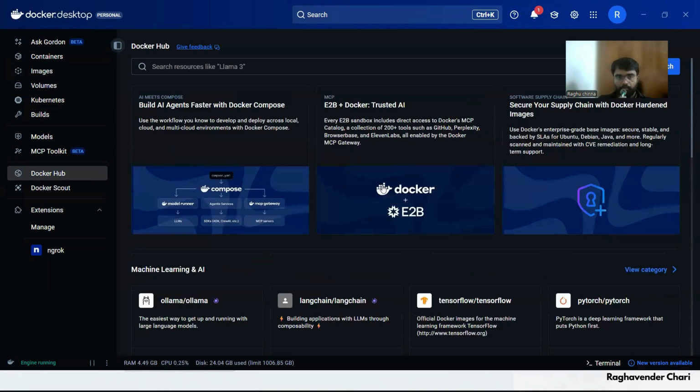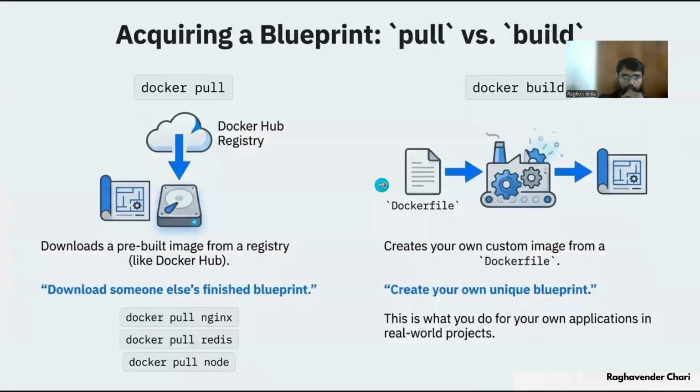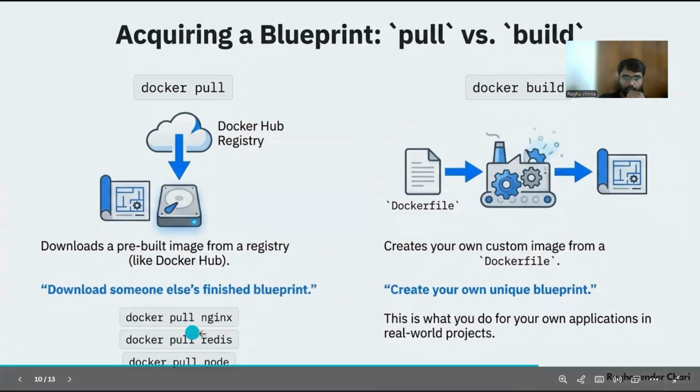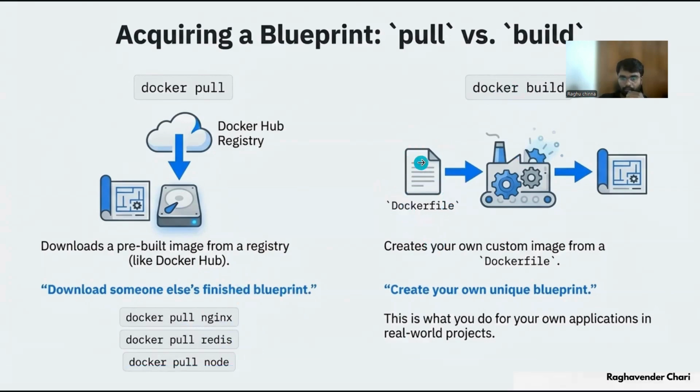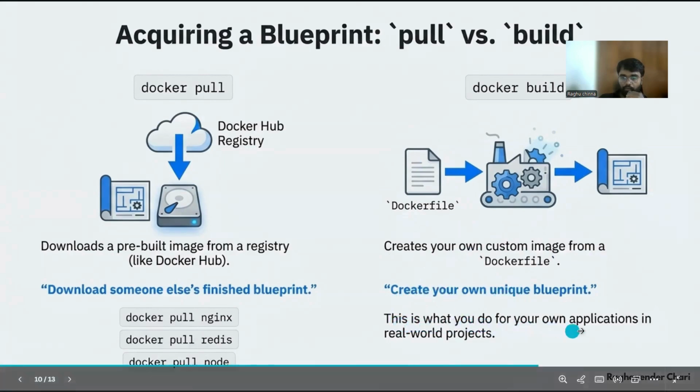You download a pre-built image from the registry, someone else's finished blueprint, like nginx, redis, node, etc. With docker build, you have your Dockerfile where you have written the complete requirements, and you build the Docker image from the Dockerfile. You create your own custom image, your own unique blueprint. This is what you do for your own applications in real-world projects.